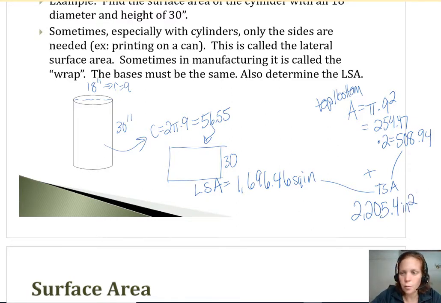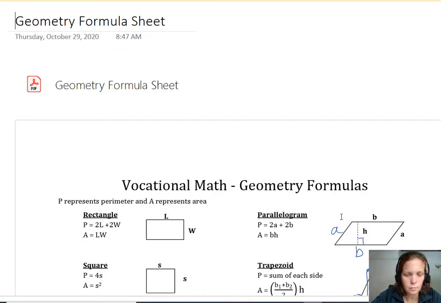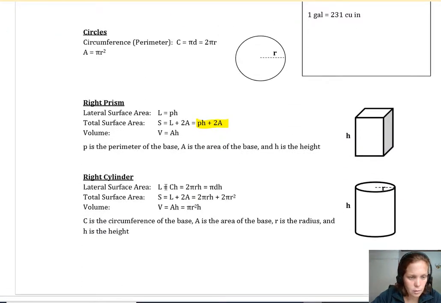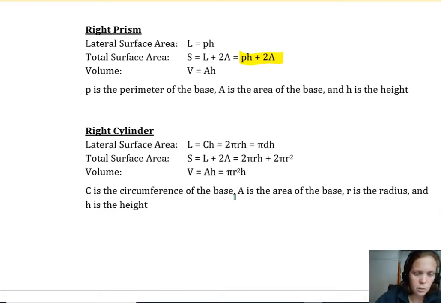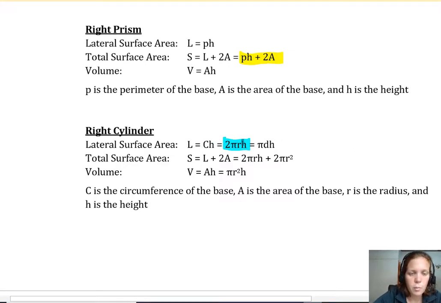Now, if we compare that with the formula, see right here, lateral surface area, the version that we did. All these equal signs are just different versions. Circumference times height we talked about, we did 2 pi r and then multiplied by the height. That was to get the lateral, and then to get the total surface area, here it says capital S, I was doing TSA. Either capital S for total surface area or TSA. We had taken our lateral and added 2 times the area of the base.